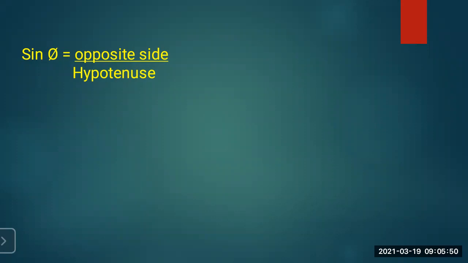So what is the definition of sine theta? Opposite side upon hypotenuse. This is very, very simple, students. And if you have watched my previous video, I have explained how to remember this basic definition. So this is the first trigonometric ratio along with its definition.